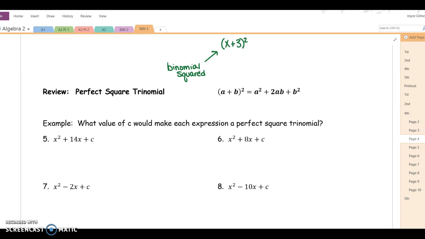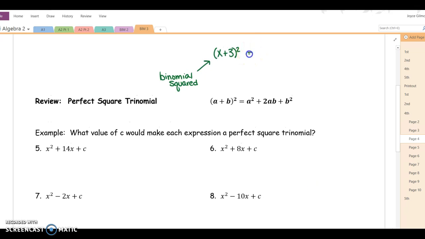That 2-termed thing is squared. The shortcut for multiplying out a binomial squared is to follow this perfect square trinomial. Perfect square trinomial means 3 terms, and it came from a perfect square. X plus 3 squared is going to be a perfect square.